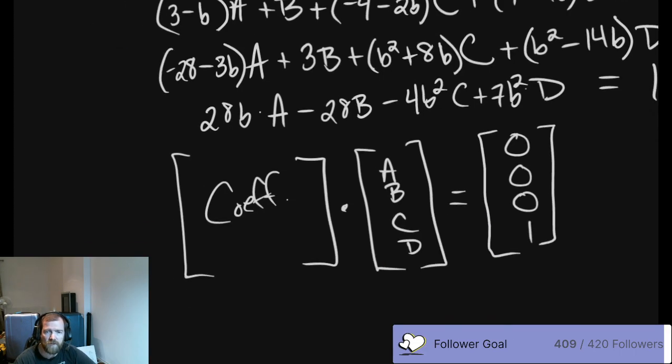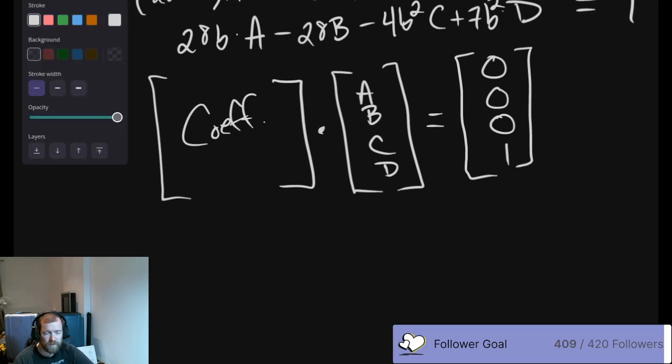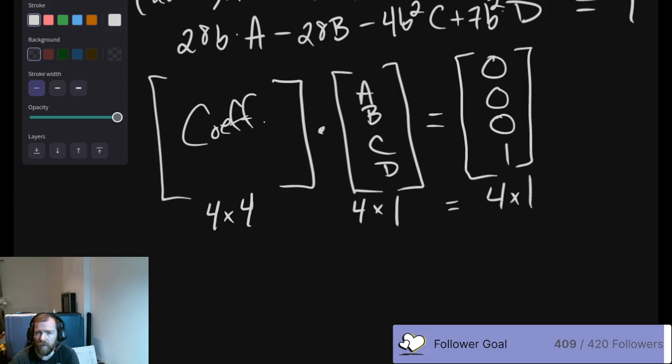Now, if you don't know matrix multiplication, believe me, you're going to. What we have here is a 4 equation by 4 variable coefficient matrix, a 4 variable by 1 vector. So this only has 1 column to it, and this ends up getting us a 4 by 1 result.